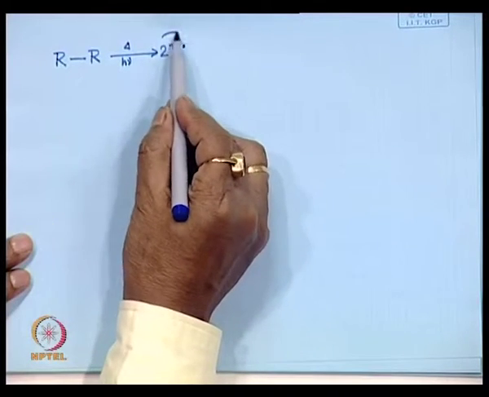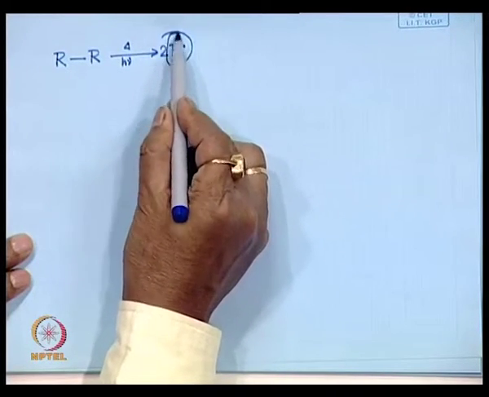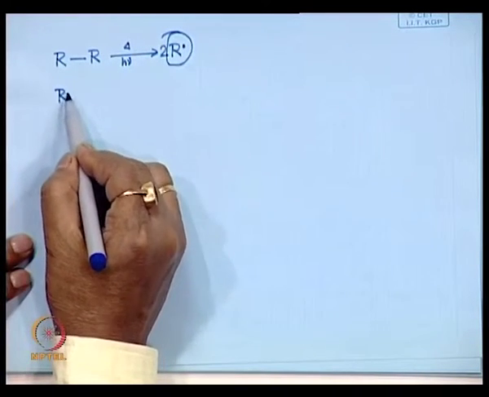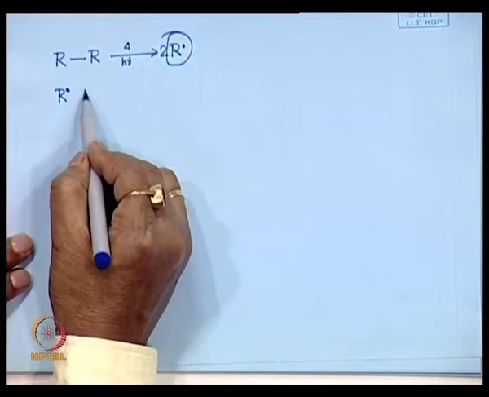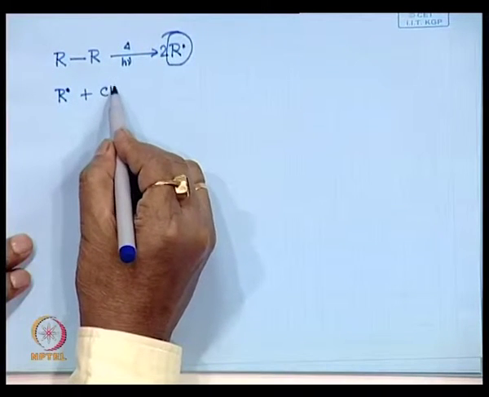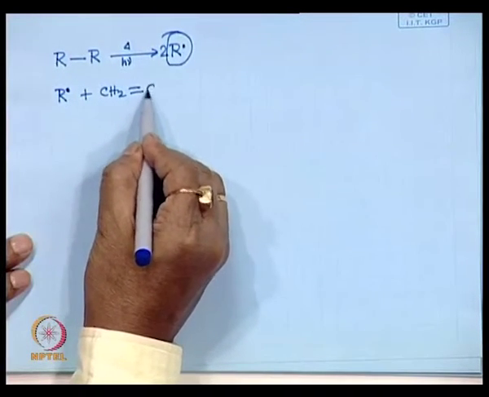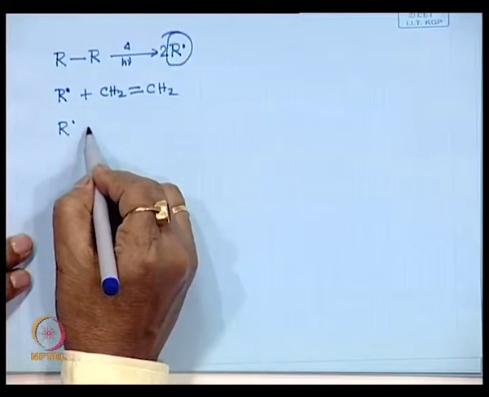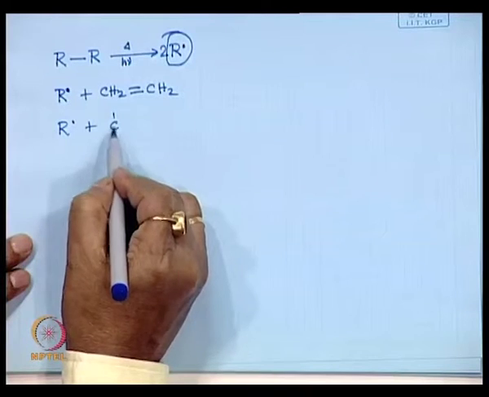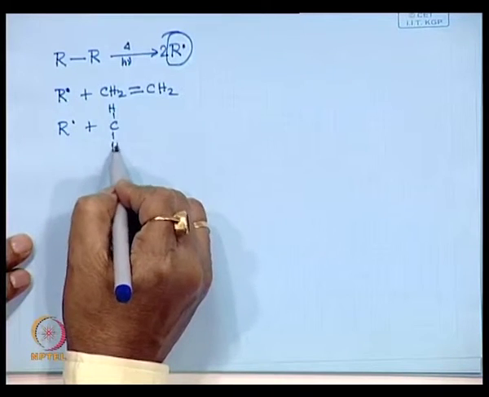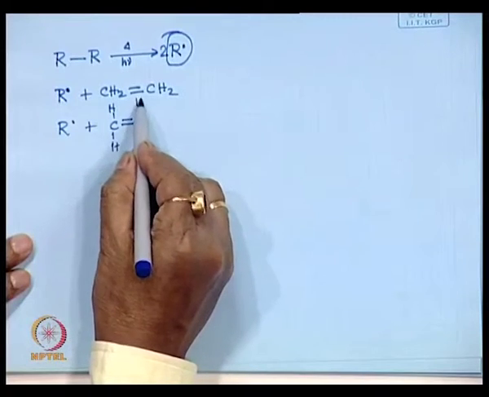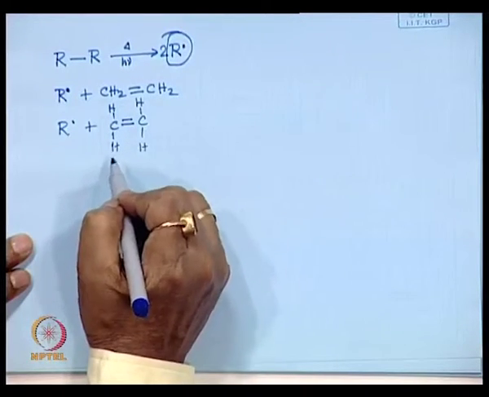Now, this radical is highly reactive. Now, if that radical comes in contact with a monomer like this, or you can visualize this way, what will happen?